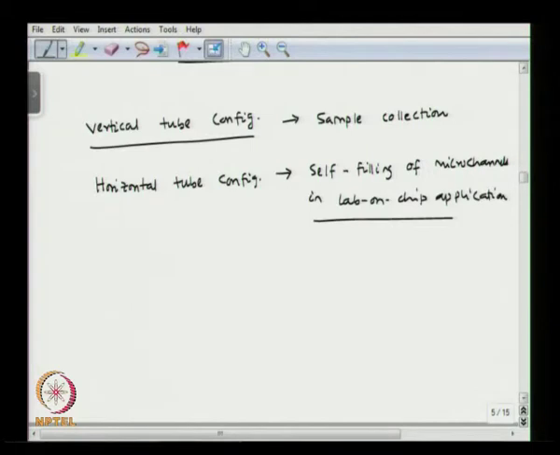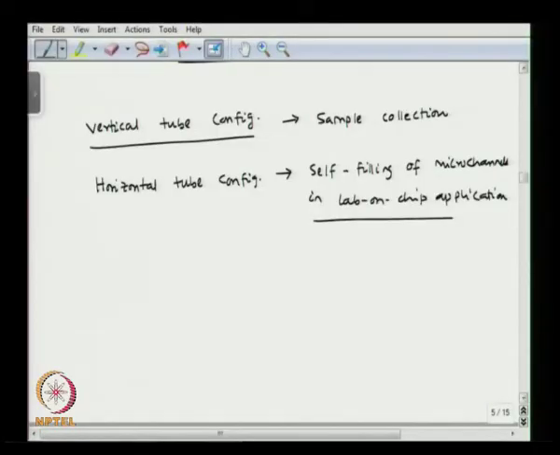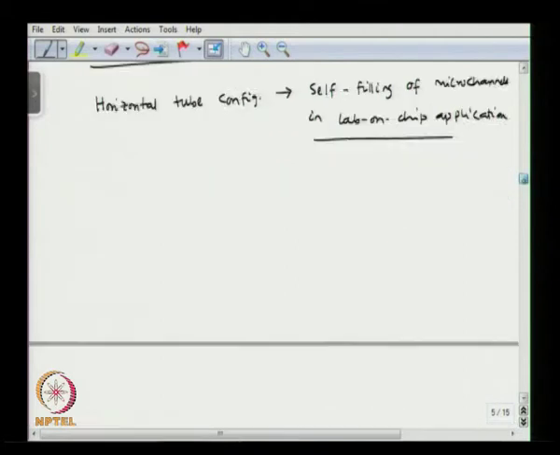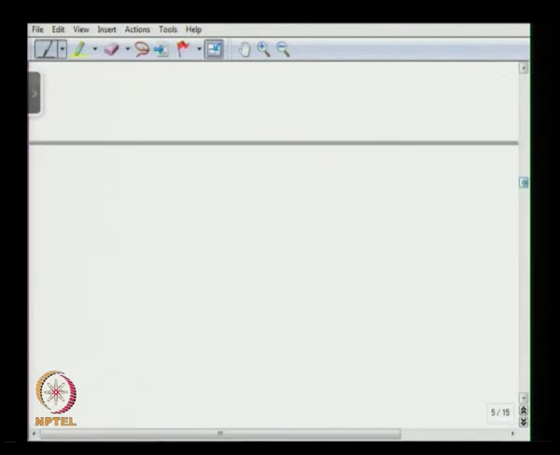So let us look first at a case where the liquid is trying to rise in a vertical tube configuration. We consider passive capillary in vertical configuration.